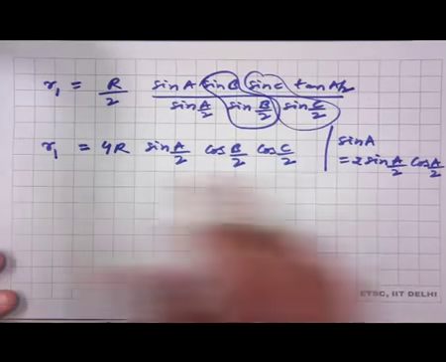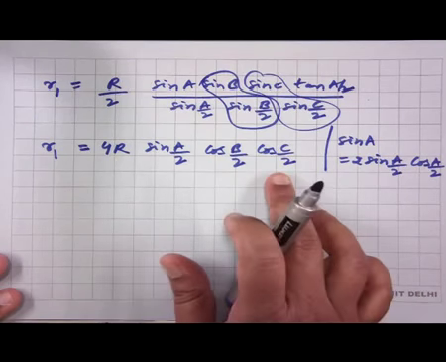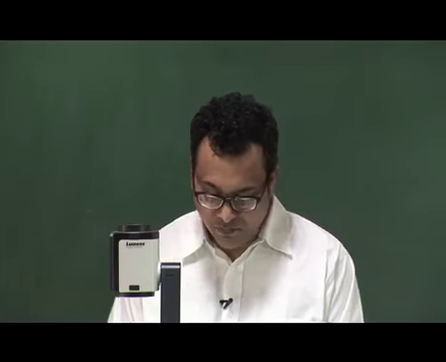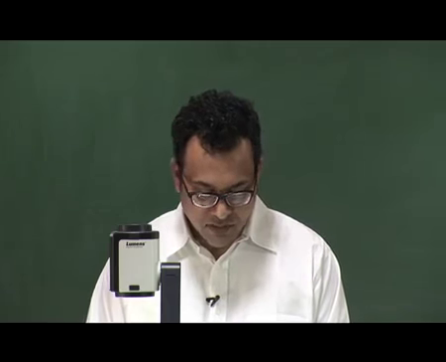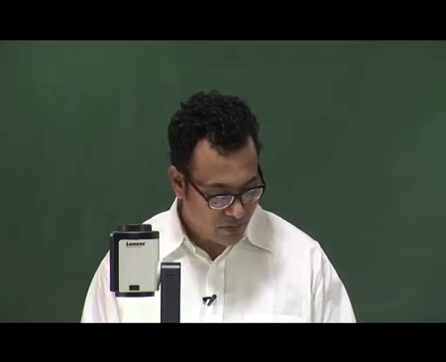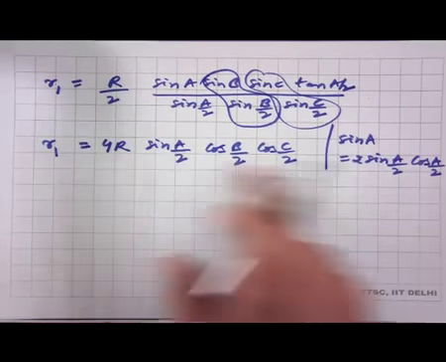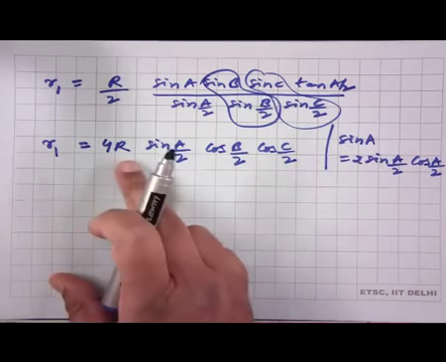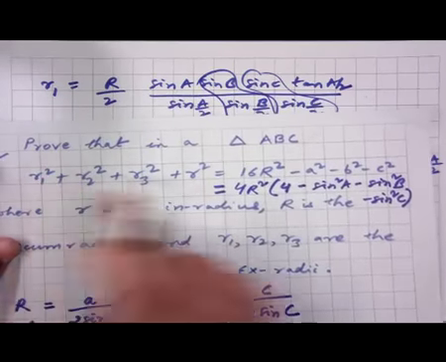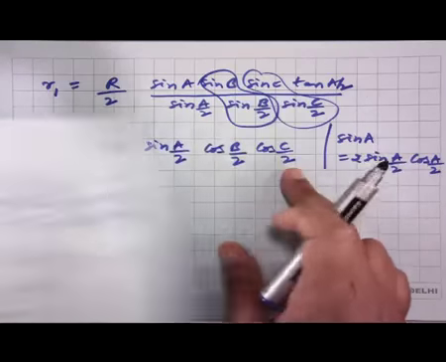So, this is the intermediate result that is going to help us to prove the equality between the left hand side and the right hand side in this problem. So, we are going to replace r1 in this equation by this expression.